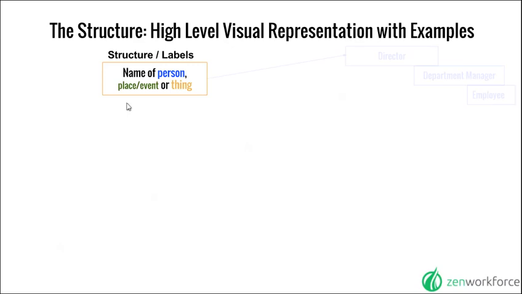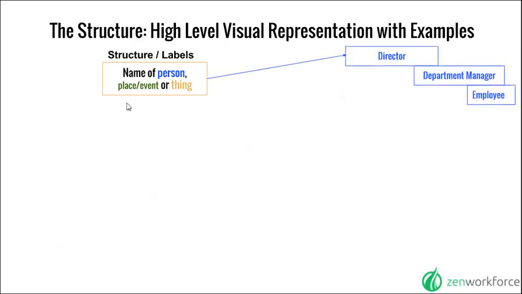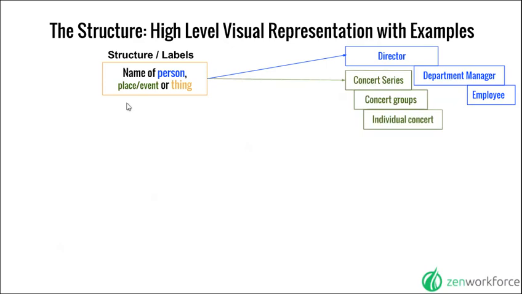Let's show one. We were used to this whole multi-level tier thing in HR, where there's a vice president, a junior vice president, or now we have a director, a department manager, employee. The key is, in the realm of people, this is an example of 3 layers. If you're talking about something like an event, then you have something more like a concert series, then a group within the series, and then maybe the individual concert.